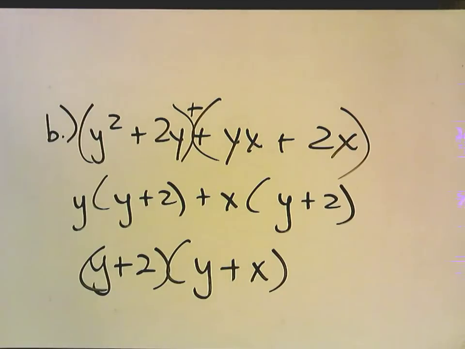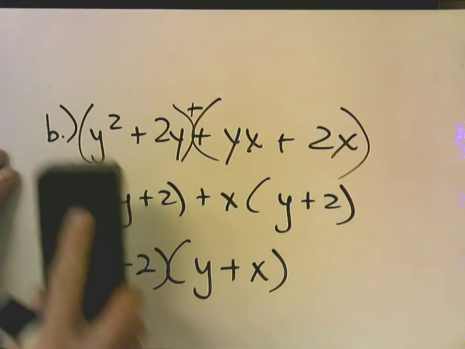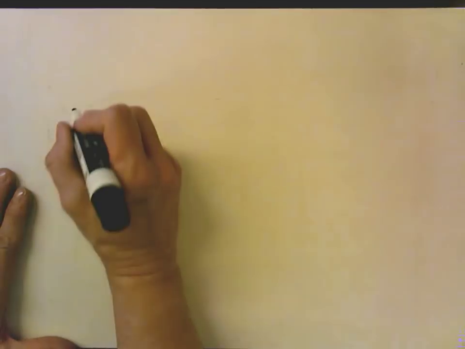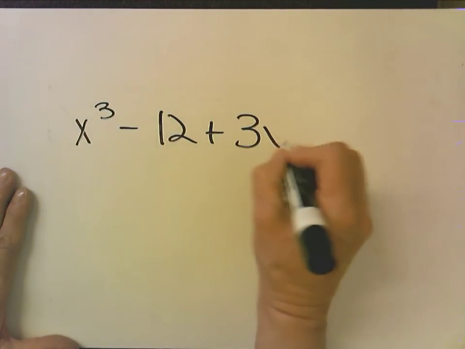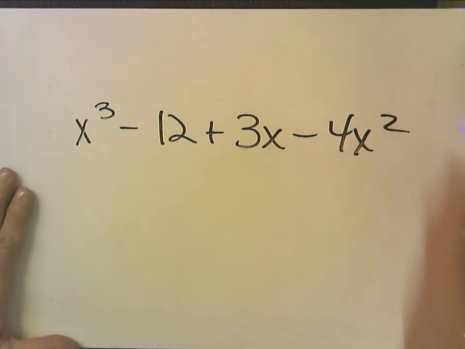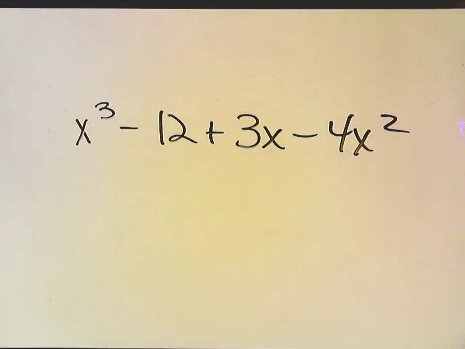Okay, so now let's turn the page and let's try page 51. Now sometimes, although I have to say very rarely, you might have to change the order before you factor. But when you look at this, do you notice it's not in descending order? If you put these terms in descending order, it's going to be much easier to factor.